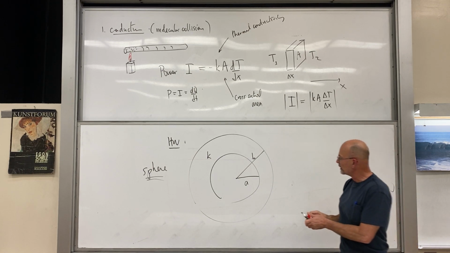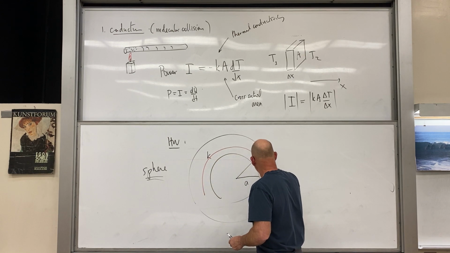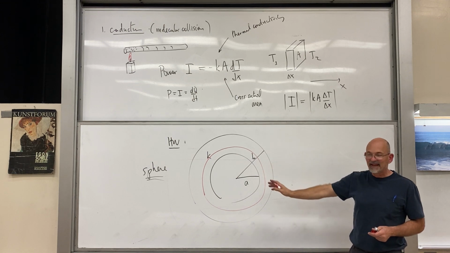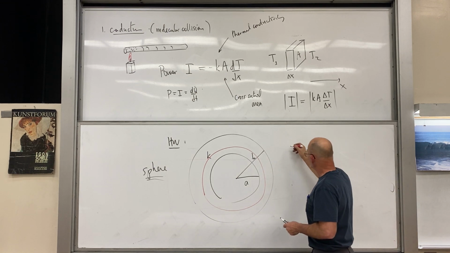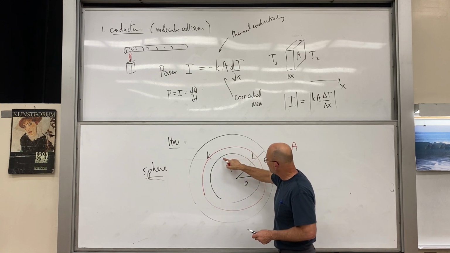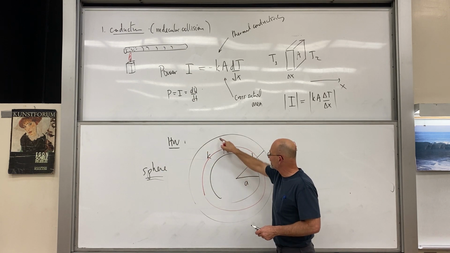What you're going to do is just take some surface right between A and B, and your area for the heat flux there. Now the heat flux is going to actually be the same everywhere, from the inside to the outside.